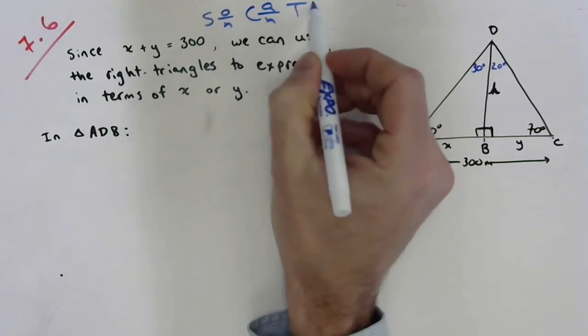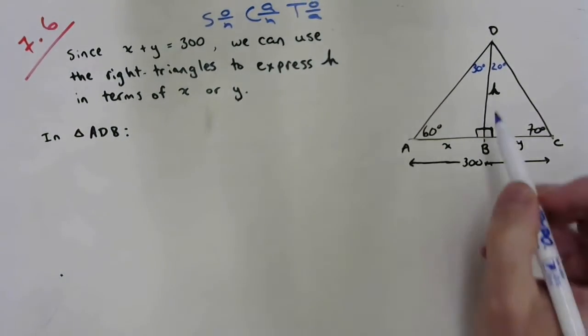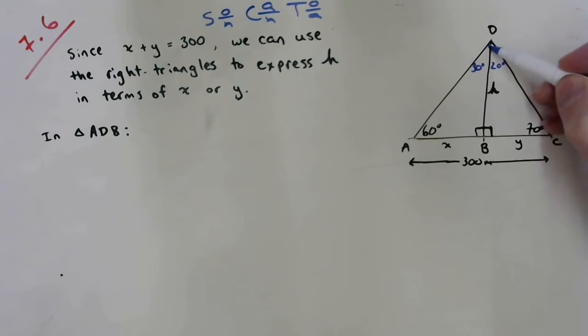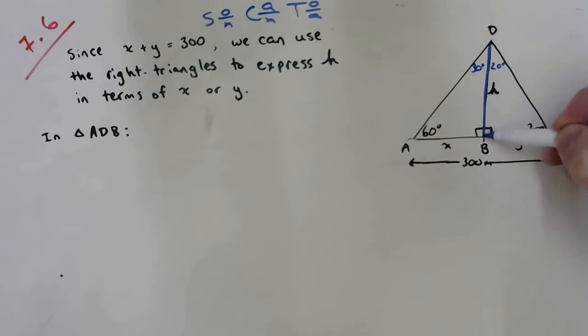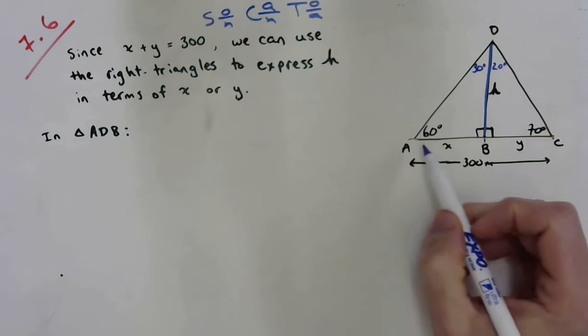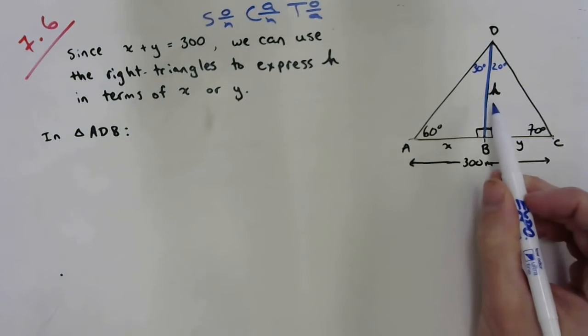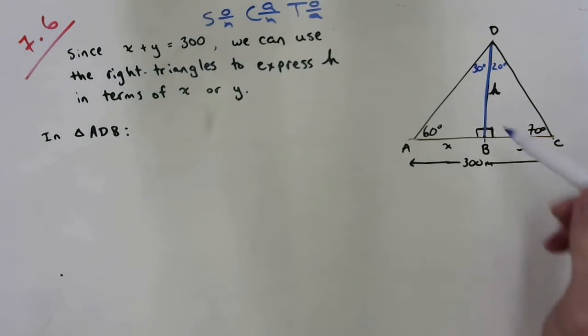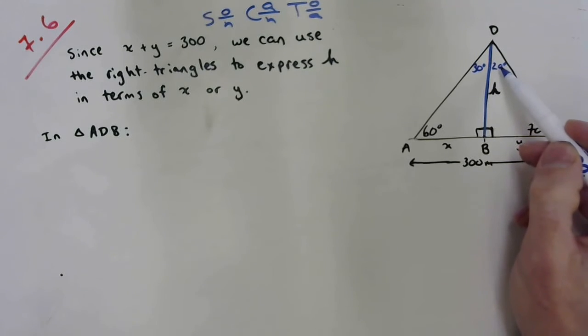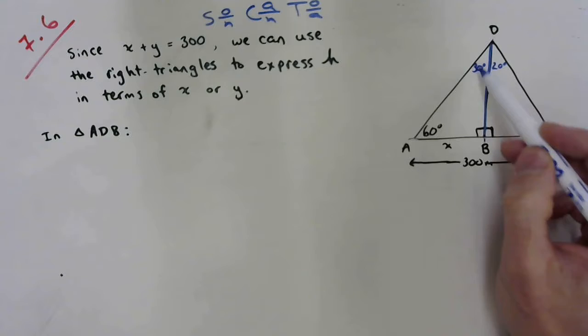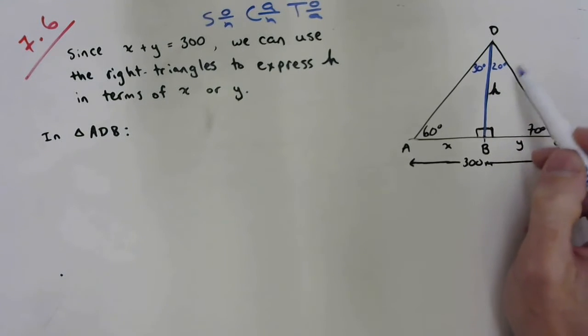We've got our trig ratios, and h is right here. It's in both triangles. If I look from the 60-degree angle, it's the opposite in both. If I look from the 20-degree angle or the 30-degree angle, it's the adjacent side in both.